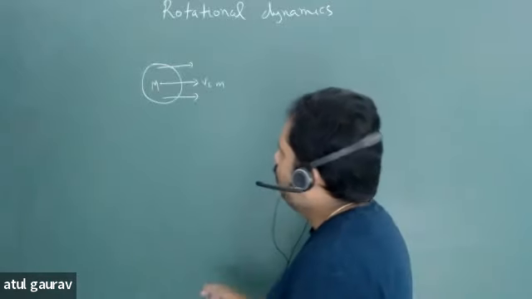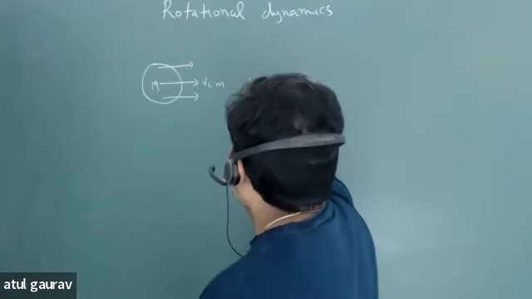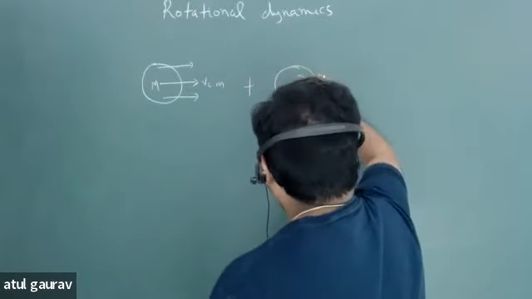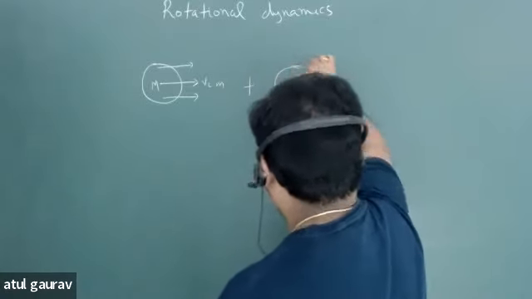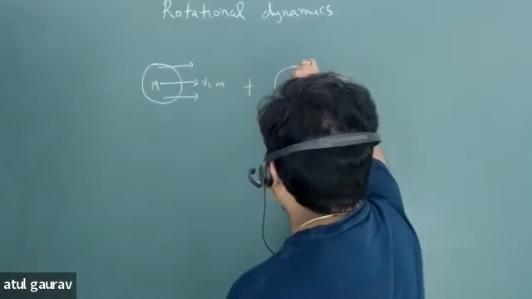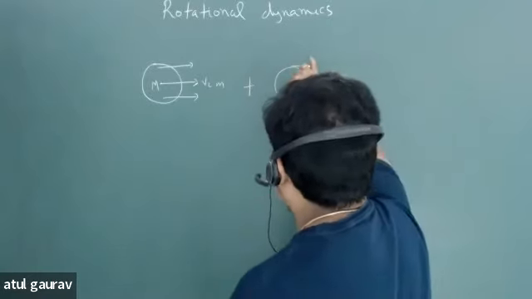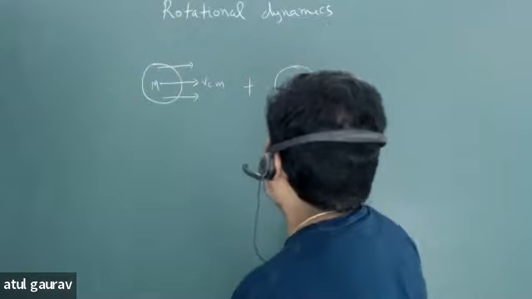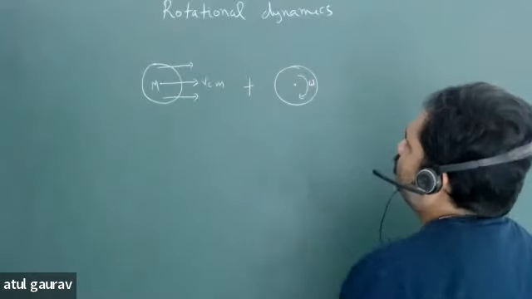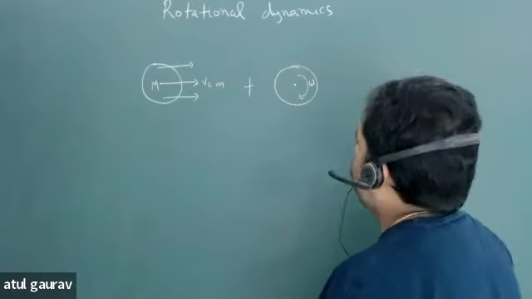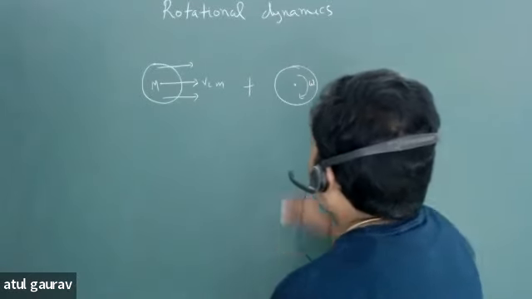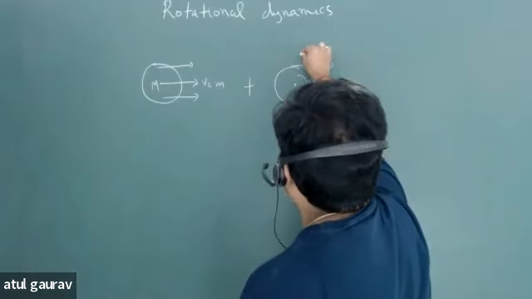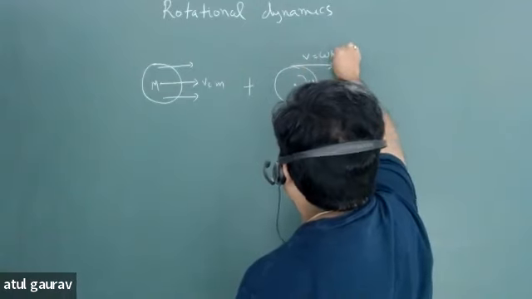But suppose you have the same sphere and it is rotating about the center of mass. This point has zero velocity, and we have some omega, that is the angular velocity. Then at this point we have a linear velocity, V is equal to omega r.